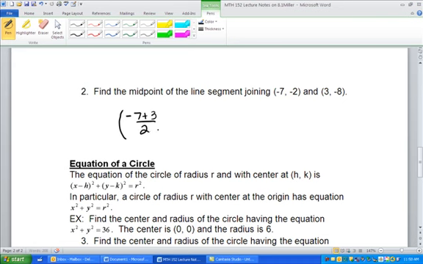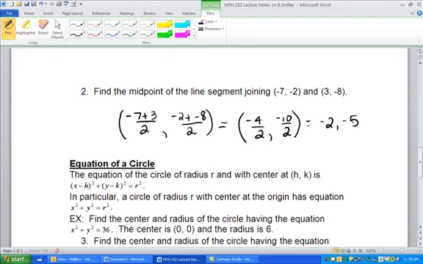So here, plug it into the formula: -7 plus 3 divided by 2, which is -4 over 2, and -2 plus -8 divided by 2, which is -10 over 2. And that's going to give us -2, -5.